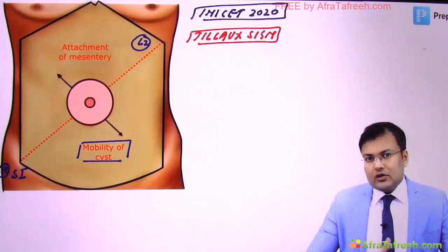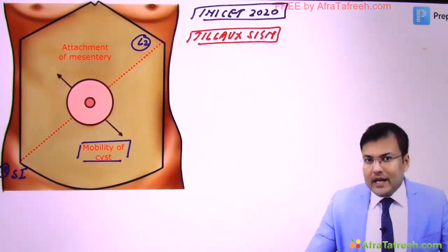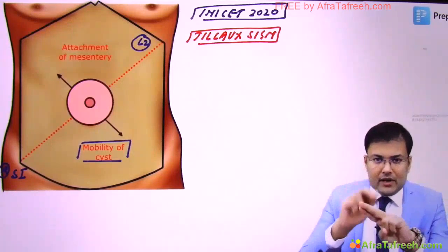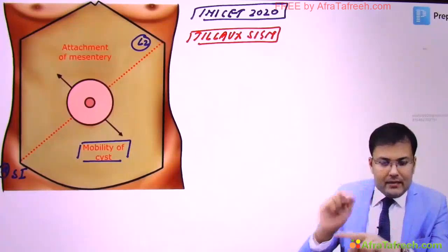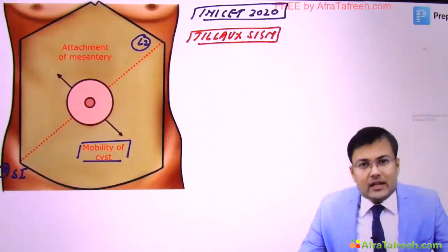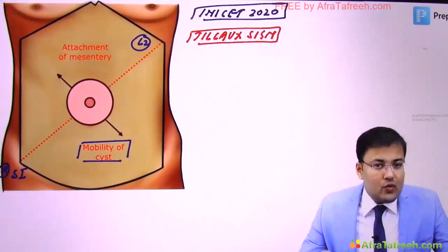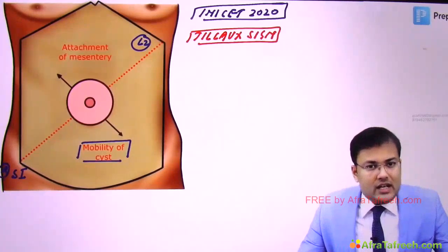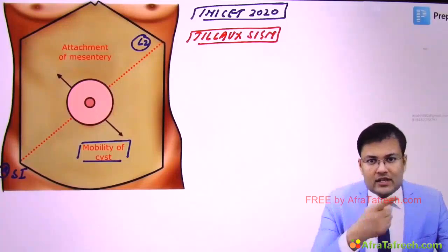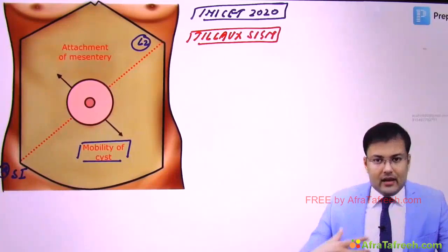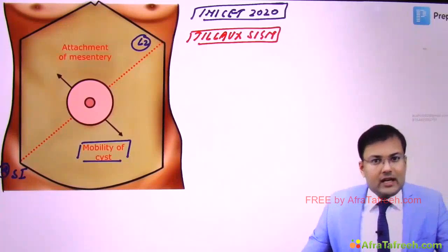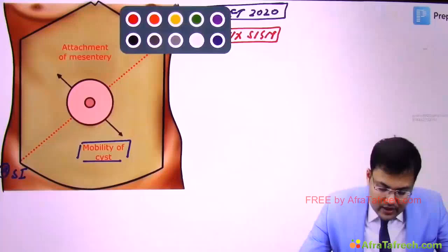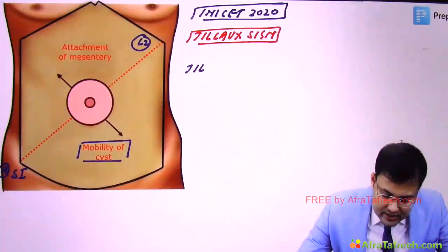Okay, so there is a soft fluctuant swelling in the periumbilical region. If you perform percussion around the periumbilical region, you will notice that there is a zone of hyperresonance. Why? Because the cyst contains liquid, so the cyst is dull. Around the cyst there is hyperresonance and it is moving perpendicular to the attachment of mesentery. Okay, so this is Tillaux's triad.